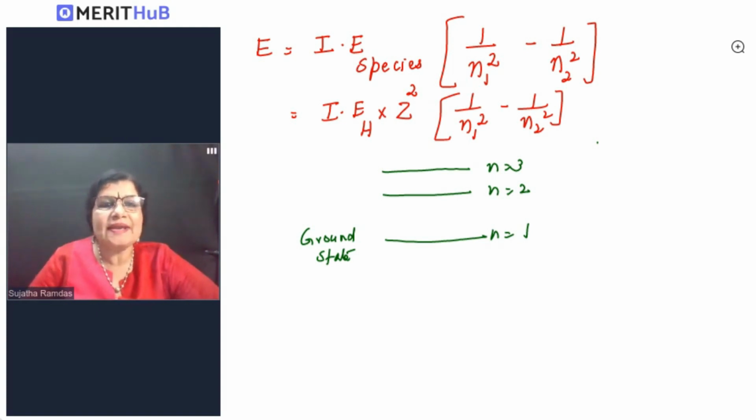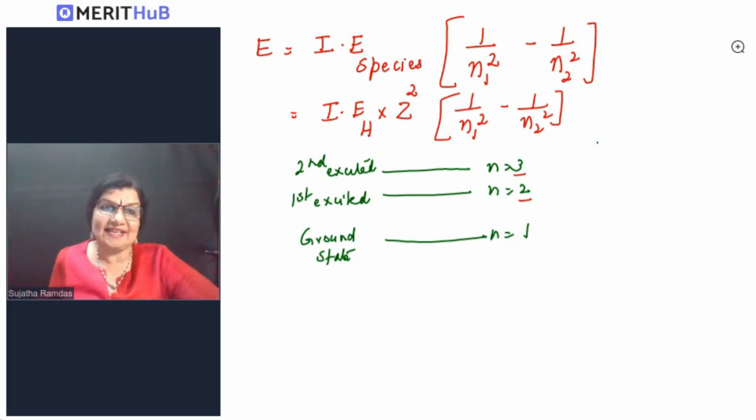So this will be the first excited state, and this will be the second excited state. So we have to substitute n is equal to 2 for the first excited state and n is equal to 3 for the second excited state.